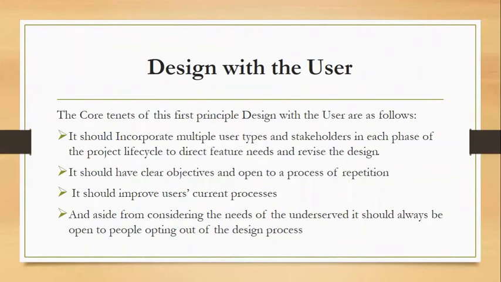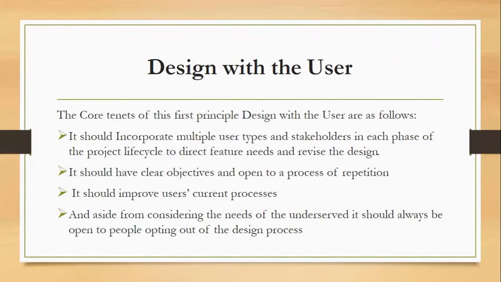The core tenets of the first principle, design with the user, are as follows. It should incorporate multiple user types and stakeholders in each phase of the project lifecycle to direct feature needs and revise the design. It should have clear objectives and be open to a process of repetition. It should improve users' current processes.